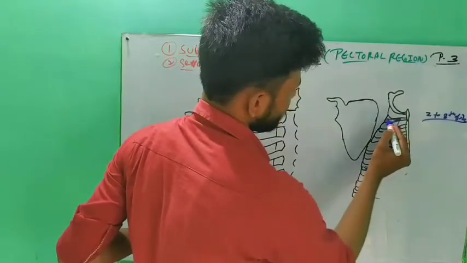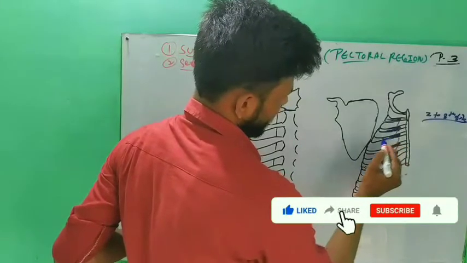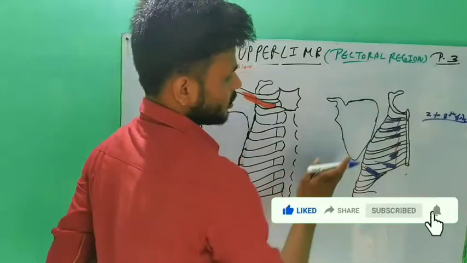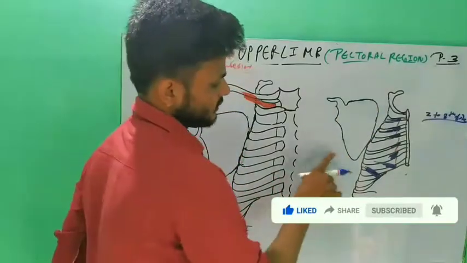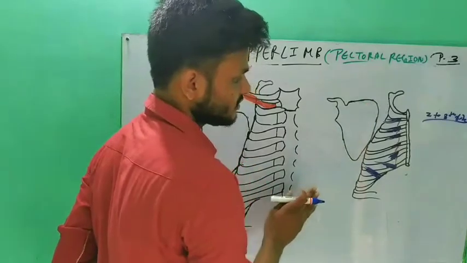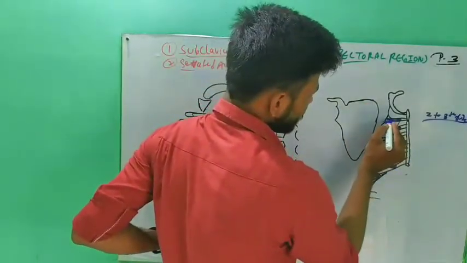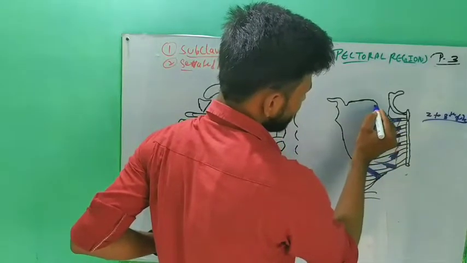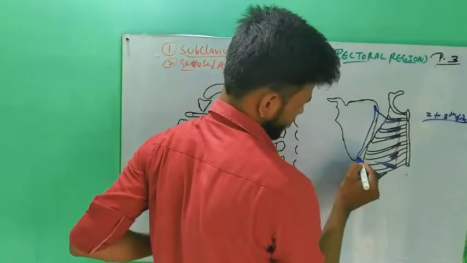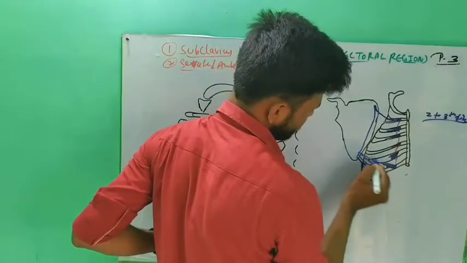This muscle will originate from the second to 8th ribs, and will be inserted into the medial border of the costal surface of the scapula. The costal surface means the anterior surface. Suppose this is the insertion point; this muscle will be inserted here.